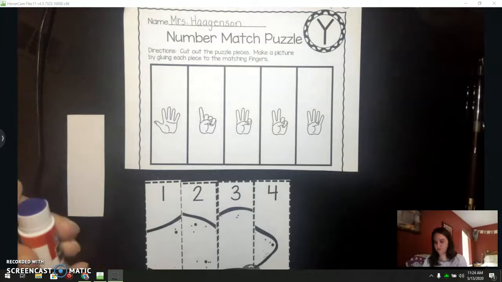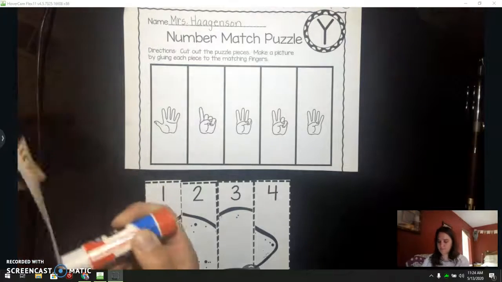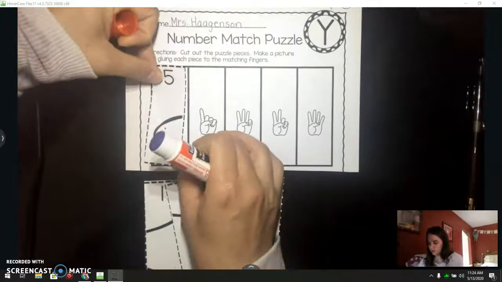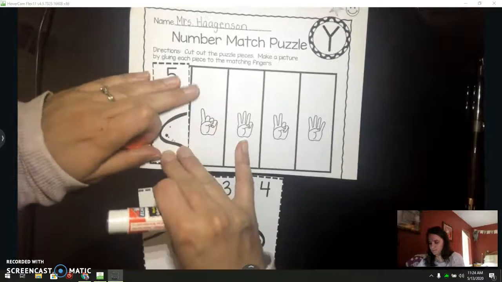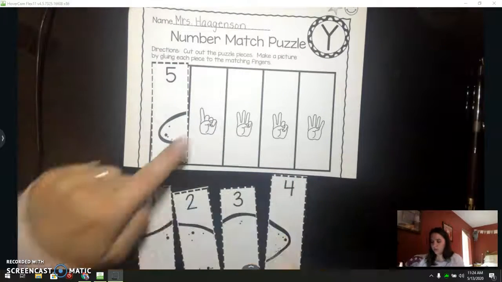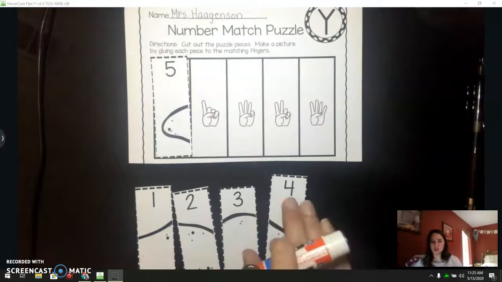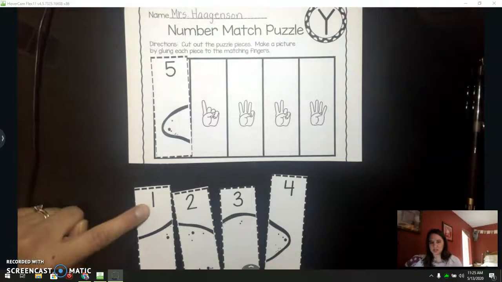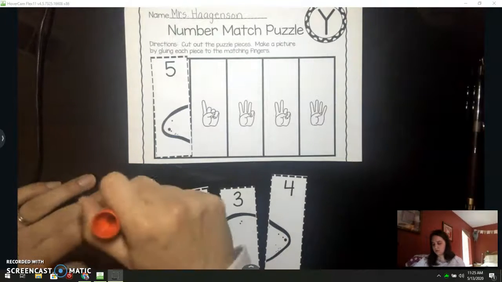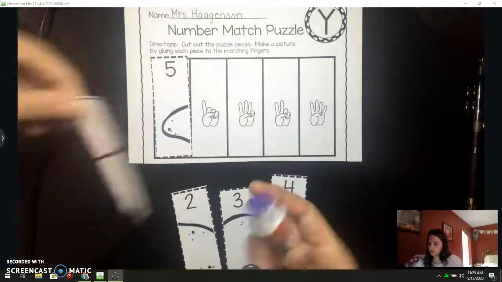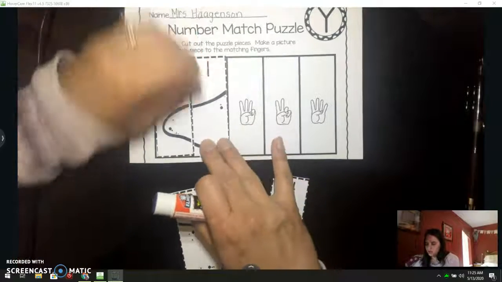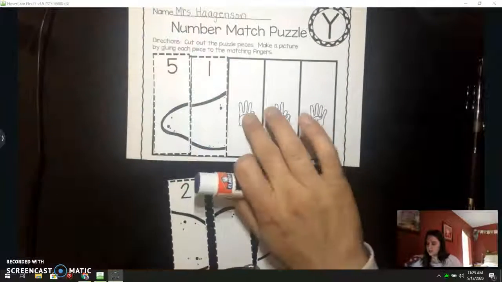Oh, got to turn my glue up. How many fingers? So which number should I pick? Yes, 1. Putting glue on. Putting it on the puzzle piece. How many fingers?